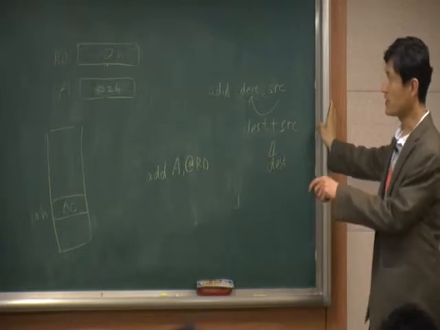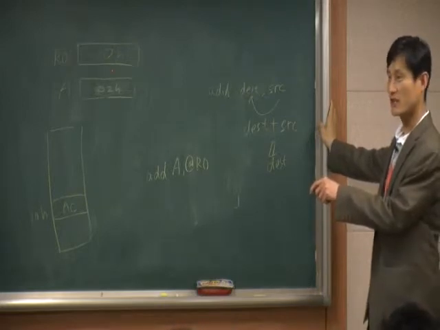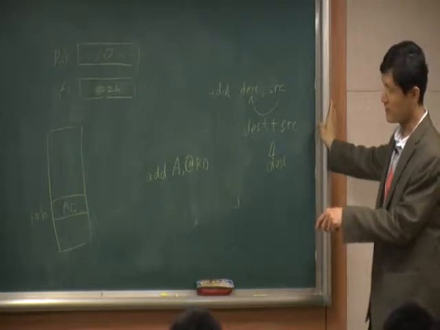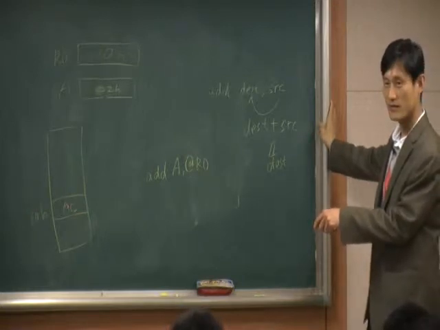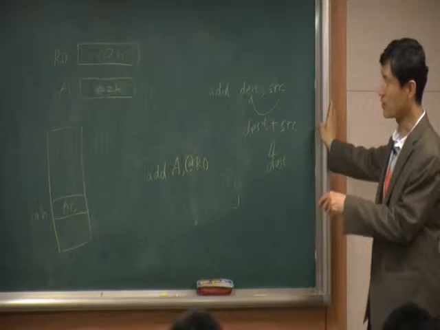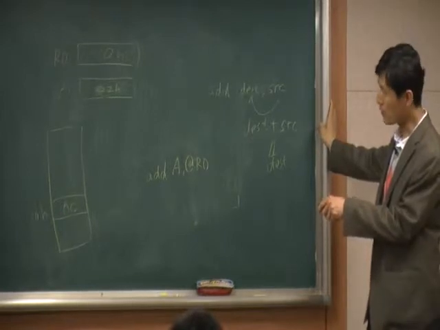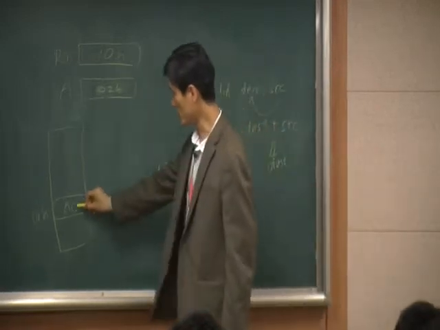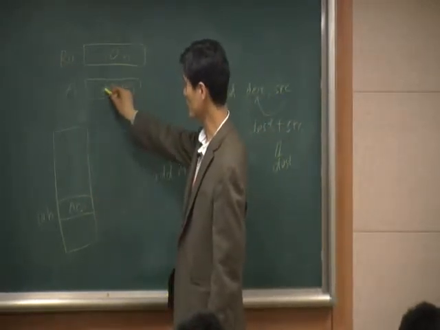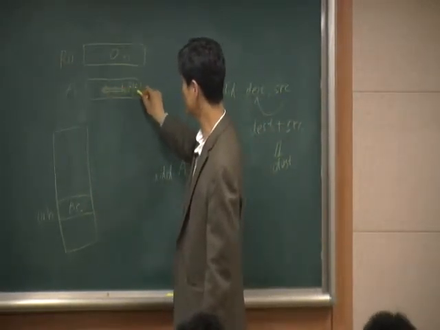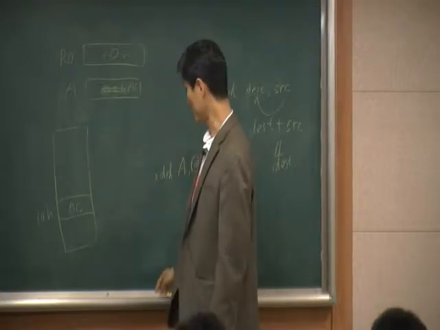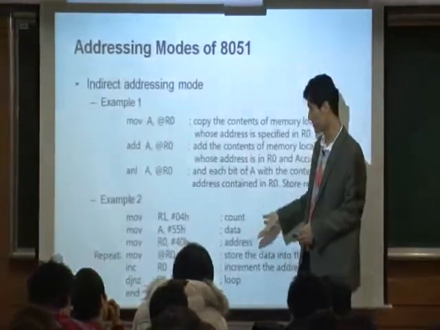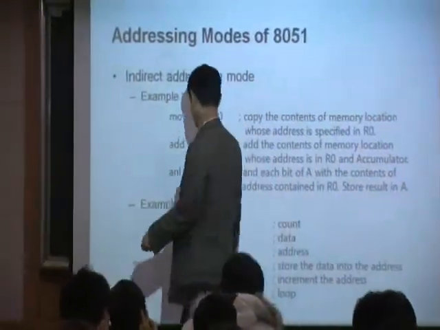Because you are not using this one as the value, you're going to use this one as an address and go there and read this out, right? And add this one with this, and the value goes to A, right? So therefore, this one plus this one goes to here. Okay, that's what happened in here. Same thing for all the others, right? That's what happened.